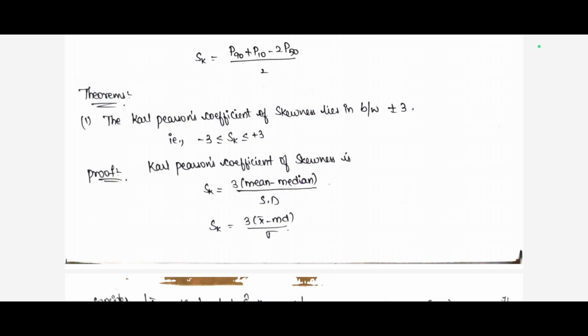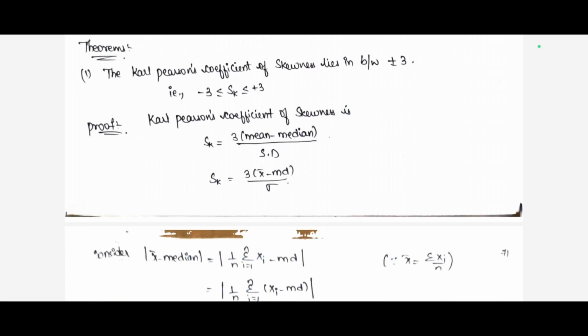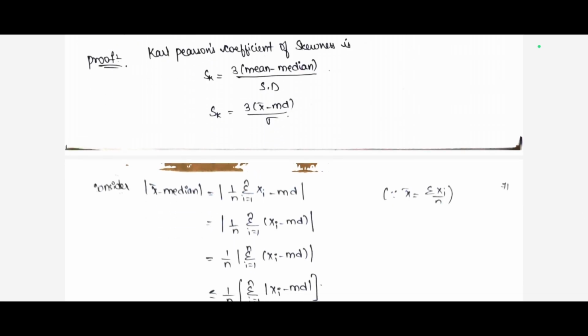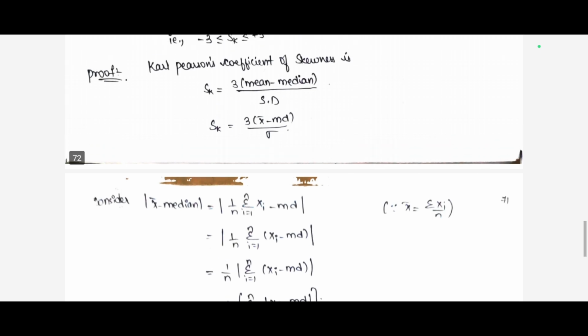The Karl Pearson coefficient of skewness formula is 3 into mean minus median divided by standard deviation. So consider the SkP value, where the mean is denoted by x bar, the median we are writing here as Md, and the standard deviation is denoted by sigma.